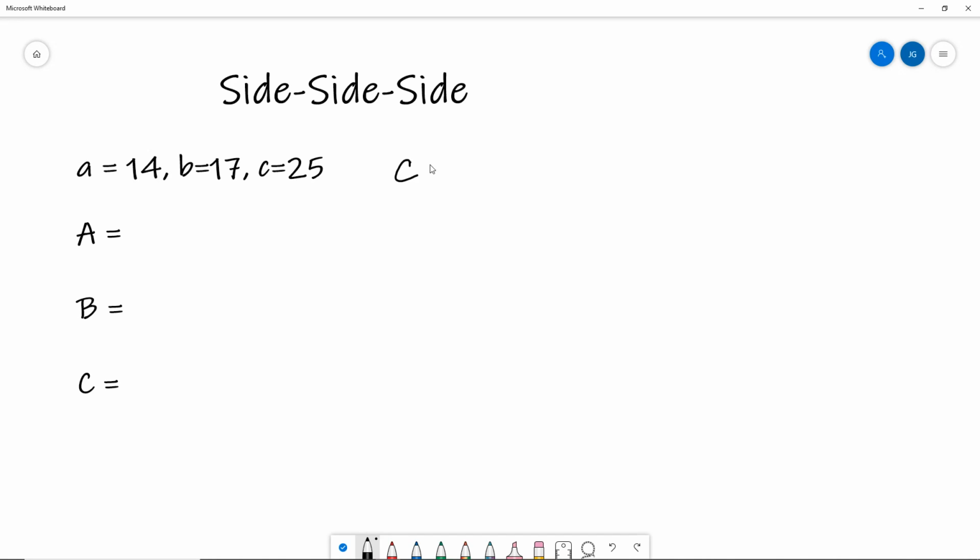Again, that was cosine of A, because that's what I'm trying to figure out, is going to be equal to the sum of the squares of the two adjacent sides minus the square of the opposite side.